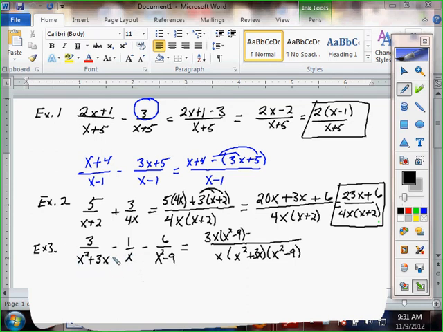I multiplied it by all this, but I'm going to open up a set of parentheses indicating that this minus sign is going to have to go to all of this. So I multiplied this x by both of these denominators over here, so I'm going to multiply this 1 by both of these, which just gives me x squared plus 3x times x squared minus 9.